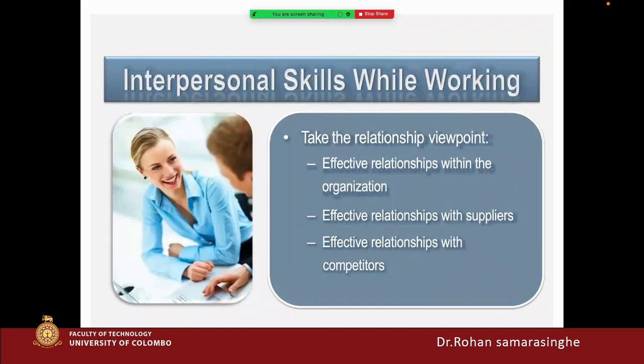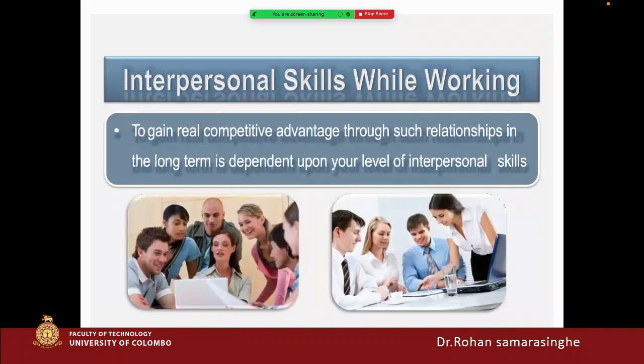This is how you show your interpersonal skills while you are working. Take the relationship viewpoint: effective relationship with the organization, effective relationship with suppliers, and effective relationship with the competitors. You can have some relationship with the competitors.